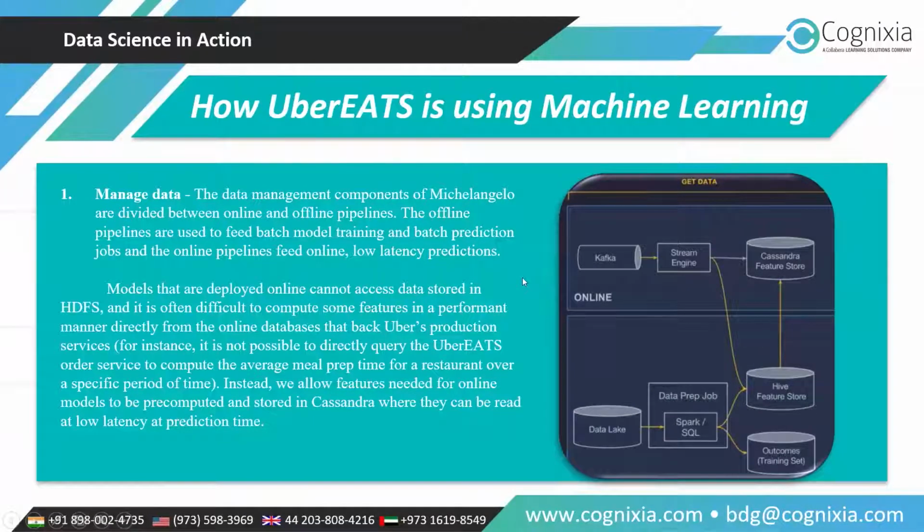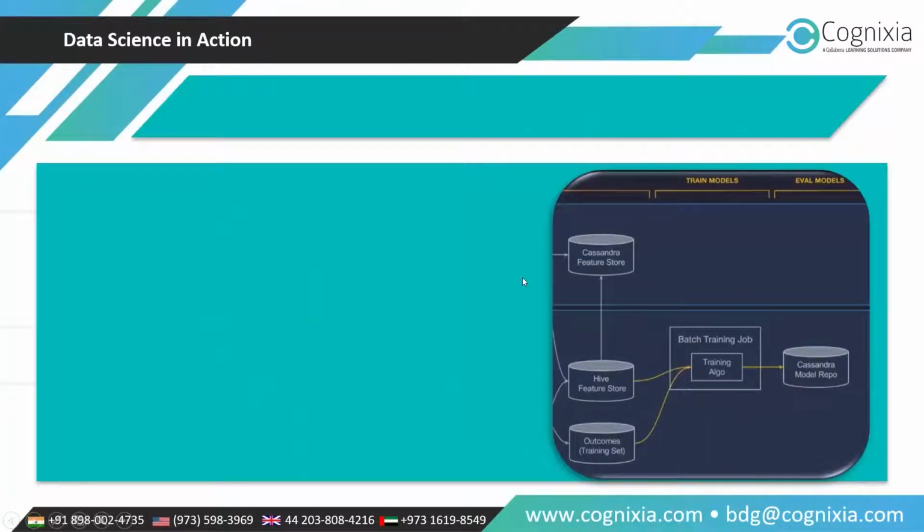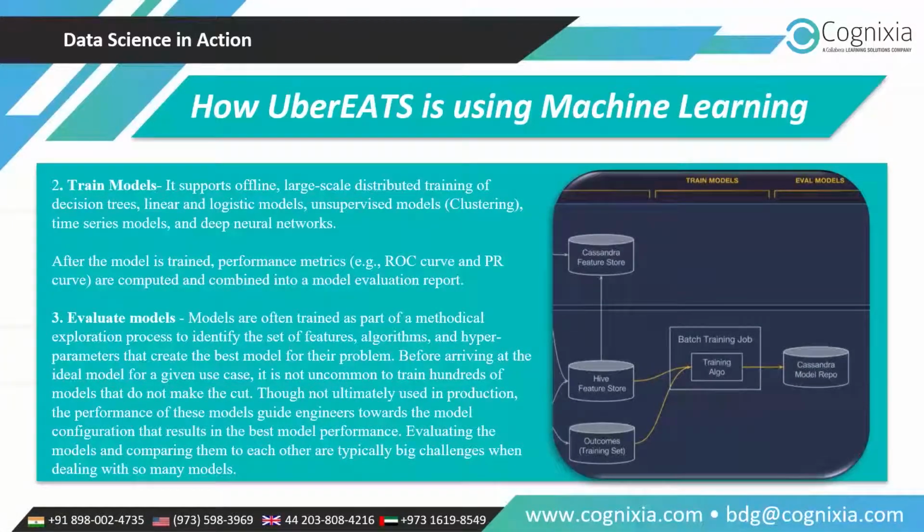Now let us proceed further and talk about the next phase, which is the model training phase. What is model training? As I mentioned earlier, once you have all the important features available and you have outcomes as well, like what was the delivery time last time for this customer and that restaurant for this particular food at that particular time, something like that, right?